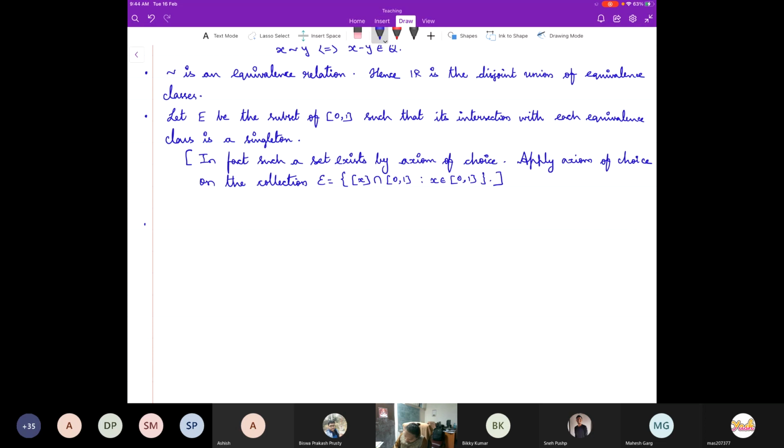Having said this much, now if you have two elements x and y from the interval 0, 1 and if x is related to y, then because they are related to each other, x minus y is a rational number.